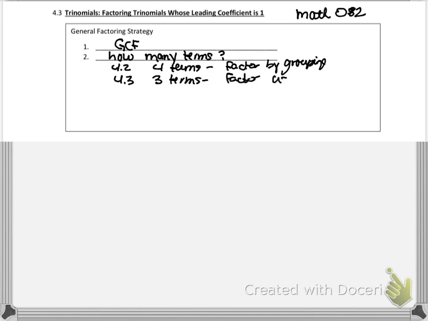In 4.2, we learned that if there are four terms, then we need to attempt factoring by grouping. In 4.3, this lesson right here, we are going to learn that if there are 3 terms, then we can factor using the AC method.